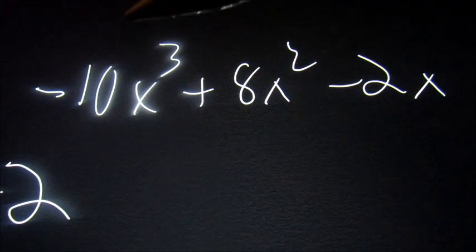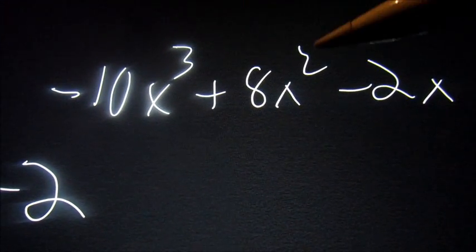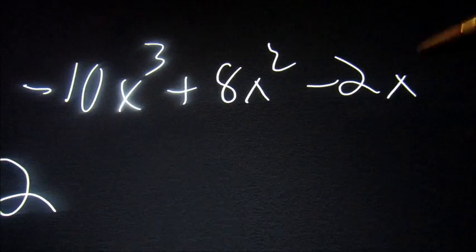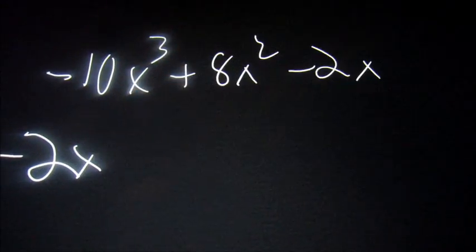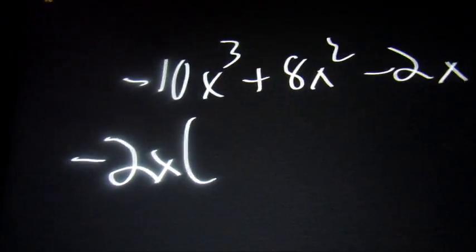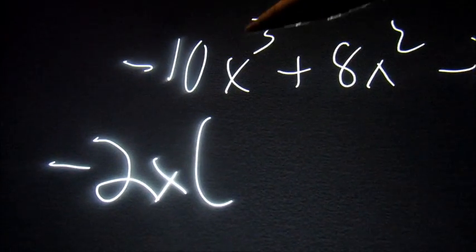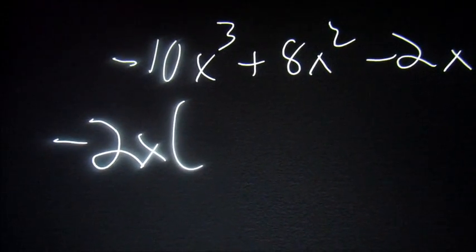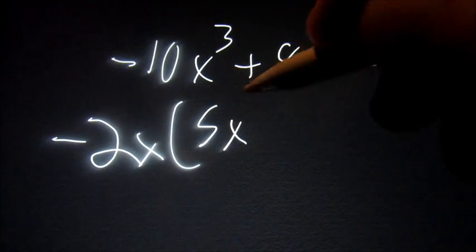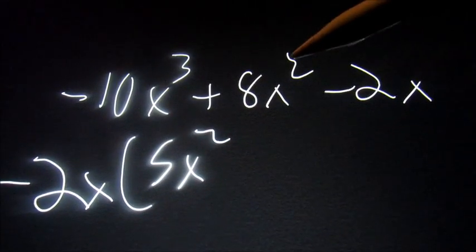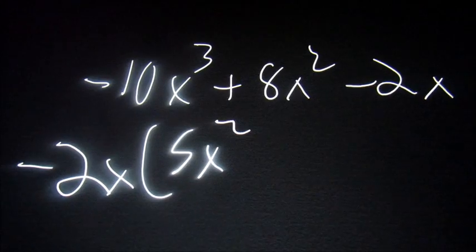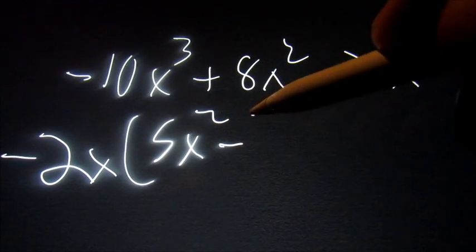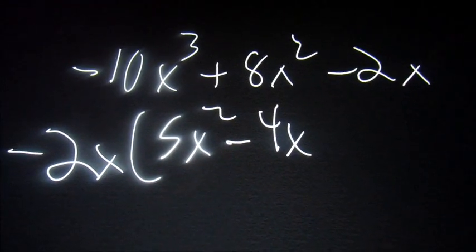And now we're going to look at the x's. We have 1 raised to the 3, 1 raised to the 2, 1 raised to the 1. So the one with just the 1 is the smallest number. So negative 10x to the 3 divided by negative 2x is 5x squared. 8x squared divided by negative 2x is minus 4x.